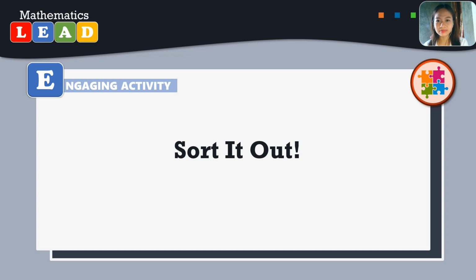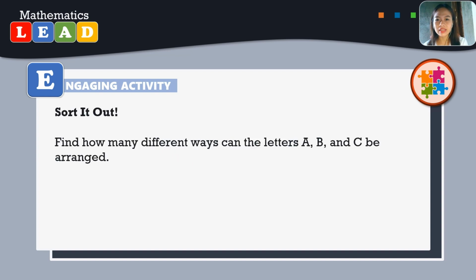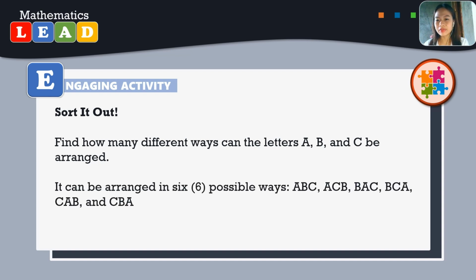The objects are A, B, and C. How many ways can it be arranged? That's right. It can be arranged in 6 possible ways. The arrangement is as follows: ABC, ACB, BAC, BCA, CAB, and CBA. And that ends our short activity.